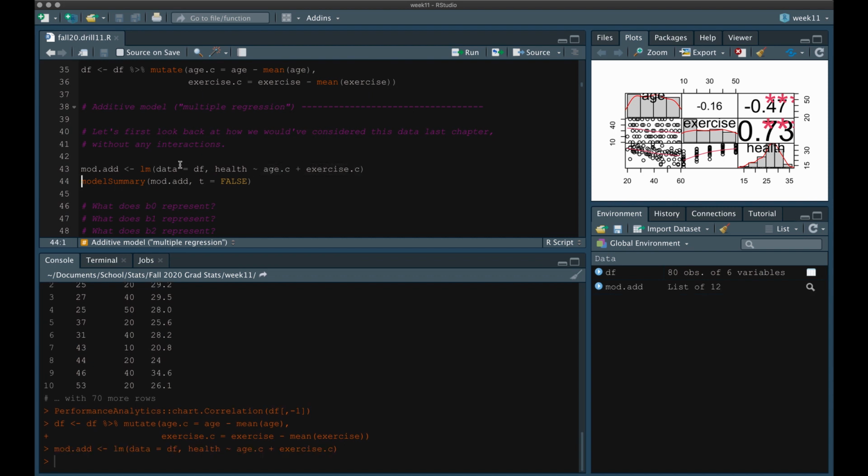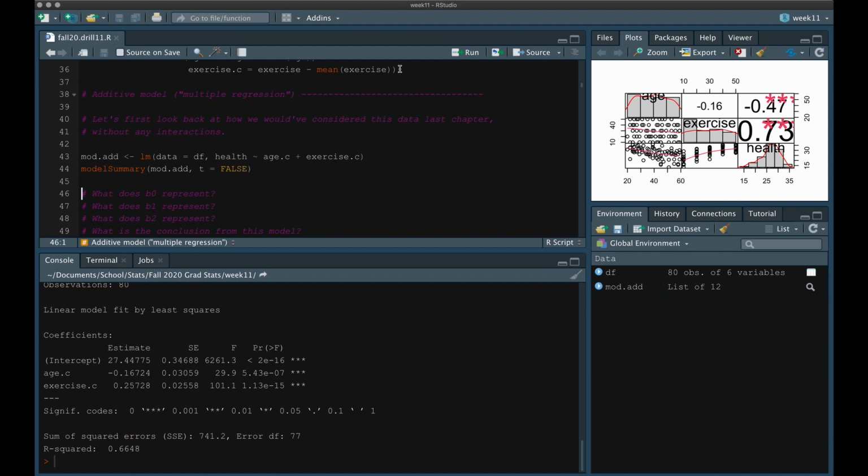Anyway, we create this additive model, and then we look at our summary, just like we did last week, and we have our three parameters: the intercept, B0, the slope of age, B1, and the slope of exercise, B2. What does B0 represent? That is the predicted health score where everything else in the model is 0, where centered age is 0 and centered exercise is 0.